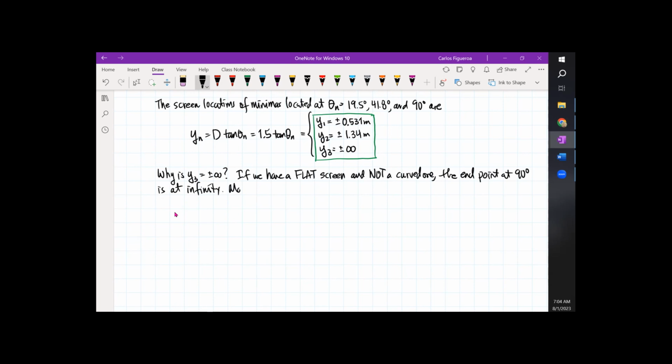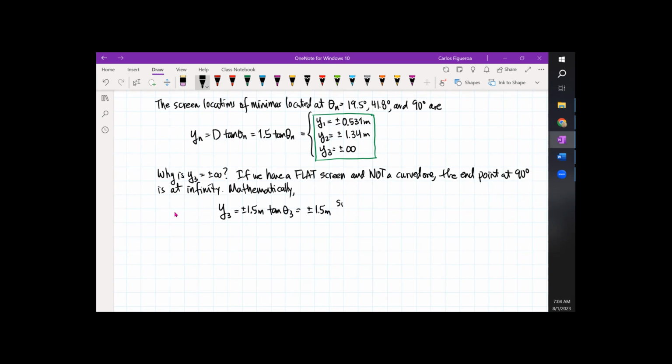So to see this a little bit mathematically, you probably see this right away, but just in case you didn't, this is going to be y of 3, and this is going to be plus or minus 1.3 meters tangent of theta 3. But if you look at this, this is plus or minus 1.53 meters.